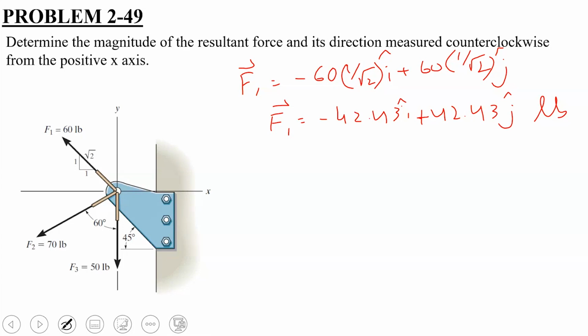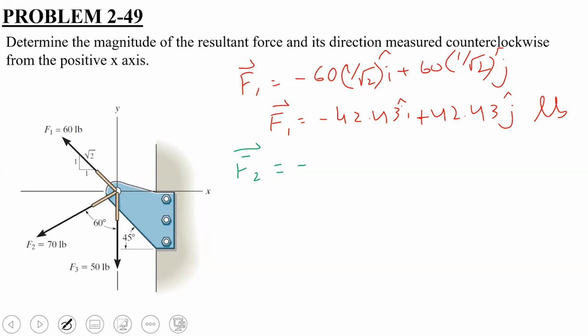Coming to the second force, which is force F2, this force lies in the third quadrant. Since the angle is given to us with respect to the y-axis, the cos 60 component will go with the y component, whereas sin 60 is going to be included in the x component. And since this force lies in the third quadrant, the x component is negative as well as the y component is negative.